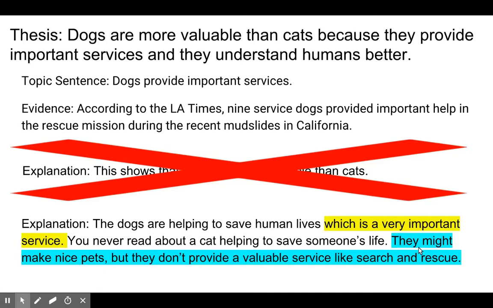So in my explanation, I have shown how my evidence supports my reason and how that reason supports my thesis. I've also demonstrated my ability to think critically, and I've used my own words to explain. This skill takes practice. Let's look at one more example.